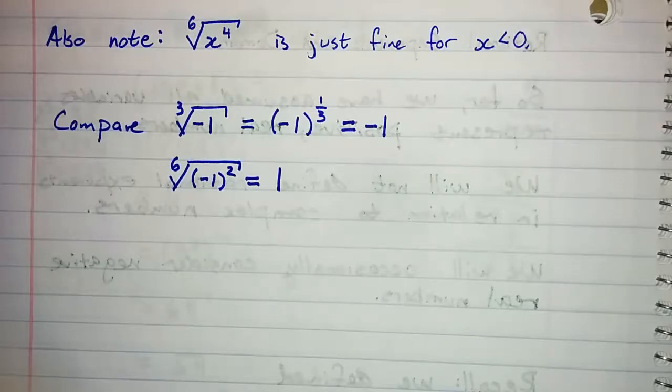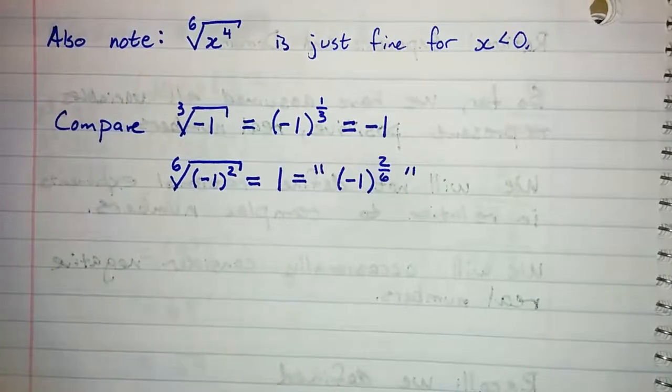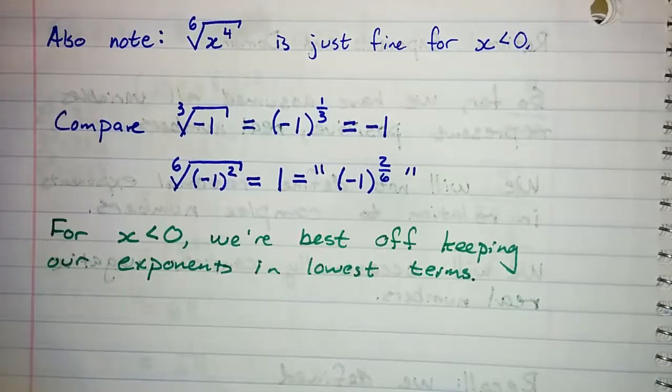Do you see what happened here? This is what -1 to the 2/6 would have to be if it was defined. Moral of the story? For x negative, we're best off just always keeping our exponents in lowest terms. Anything that involves writing an exponent not in lowest terms, probably best to stick to doing for positive values of the variable.